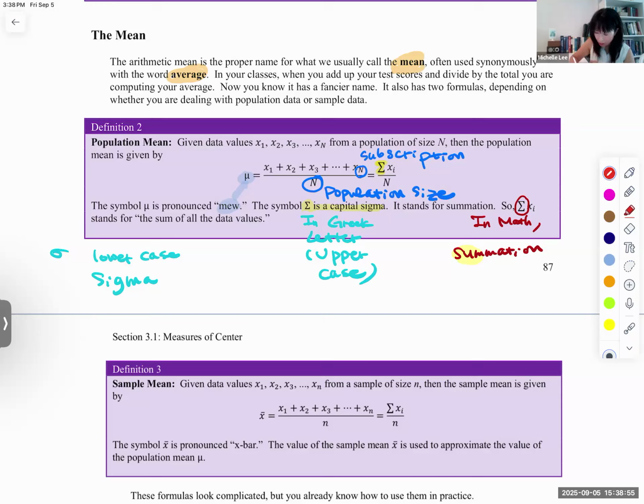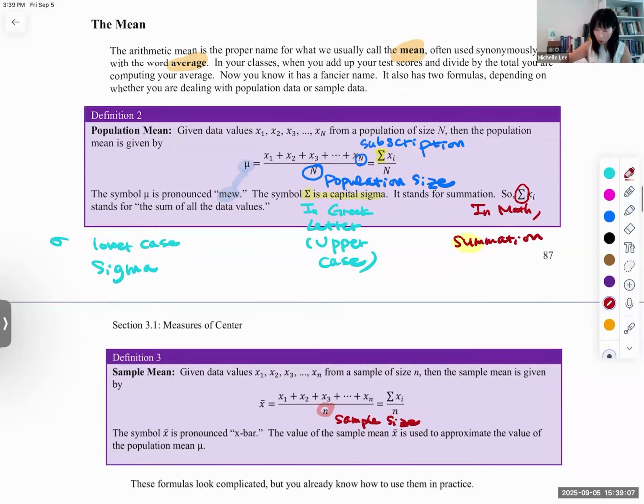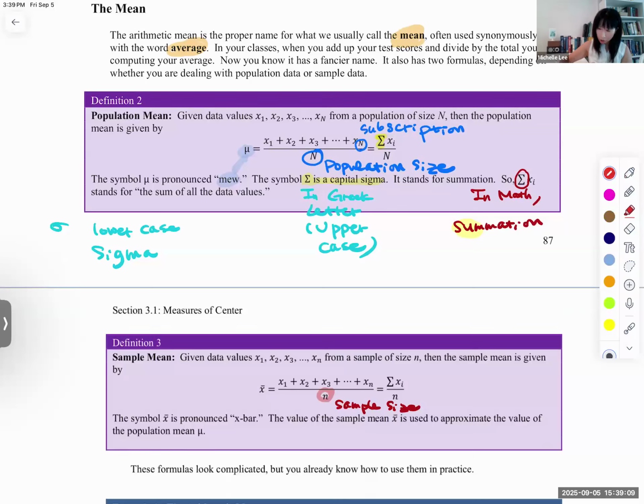Uppercase N is population size, lowercase n is sample size. And let's take a look at their symbol. They're using x bar. We have x and there is a bar on the top, so we call it x bar.